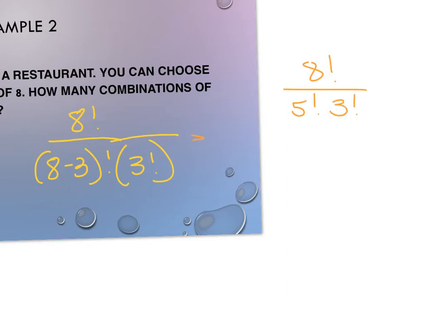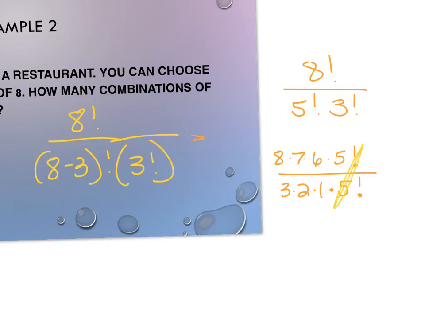Without a calculator, I would bring the 8 down to the 5. So 8 times 7 times 6 times 5 factorial. And then I actually like to put the 5 factorial right underneath it, so I know to cancel it out. And then I will have to expand out the 3. 3 times 2 times 1. So this cancels out.